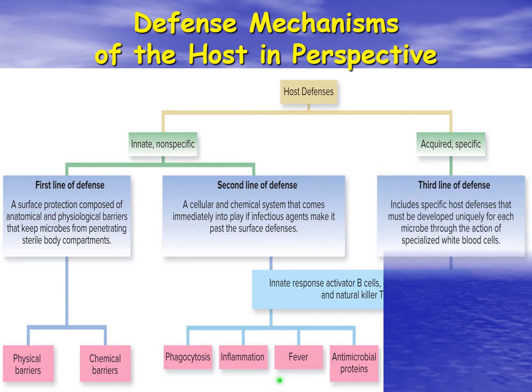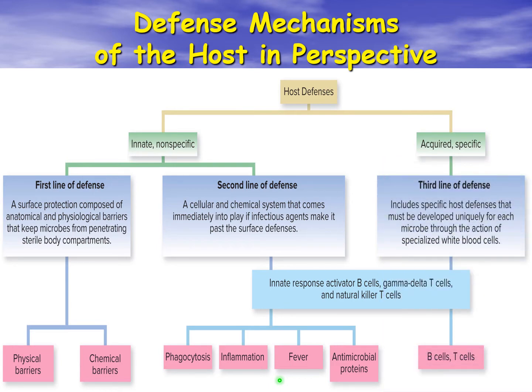And then the third line, the acquired or adaptive immunity, this includes specific host defenses that must be developed uniquely for each microbe that the person comes in contact with. And this is under control of our B and T lymphocytes. There is some overlap between the second and third lines of defense, and we'll talk about those when we get there.